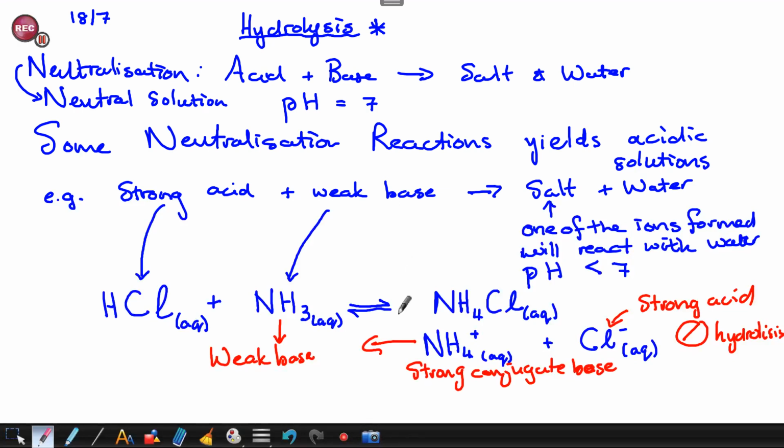Ma'am, like which one? Like a Lowry Bronsted or the Arrhenius? Good question. Lowry Bronsted. It's a strong proton donor. So who will take this proton? The water will take the proton.